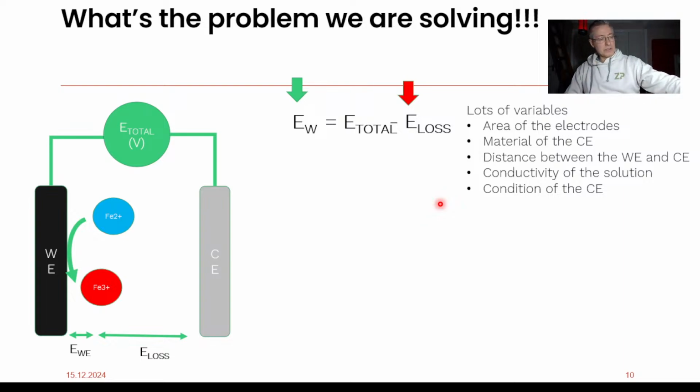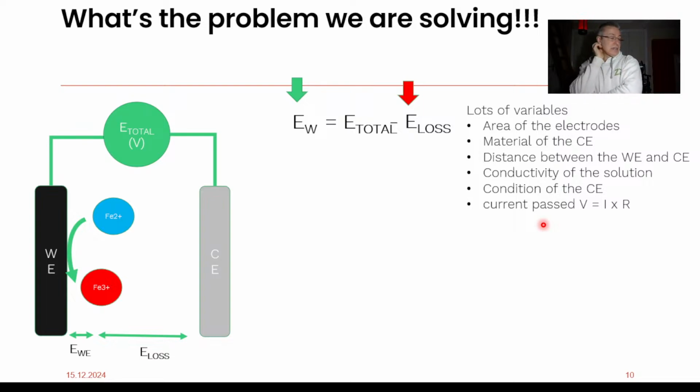I say it's interesting because these screen printed electrodes are often designed to be used once, so the counter electrode often doesn't have a lot of variability in it. Now this is something that's true: you can have an E loss that's proportional to the current passed. But with screen printed electrodes, the currents are at most maybe 10 microamps, so that's 10 to the minus 6.